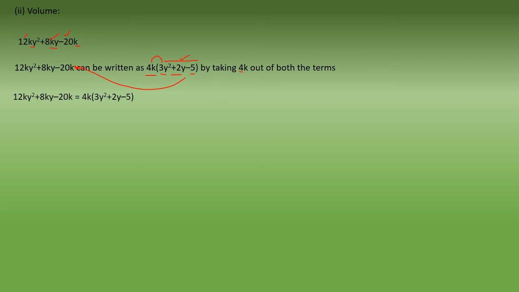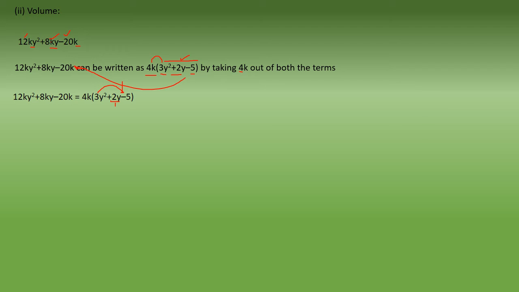Now we have to split the middle term. We multiply 3 and minus 5 and get minus 15, and we have plus 2y. So we have to split the middle term in such a way that the product of the two numbers is minus 15 and the sum of those numbers is plus 2.